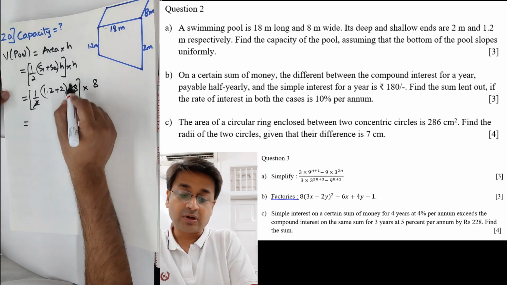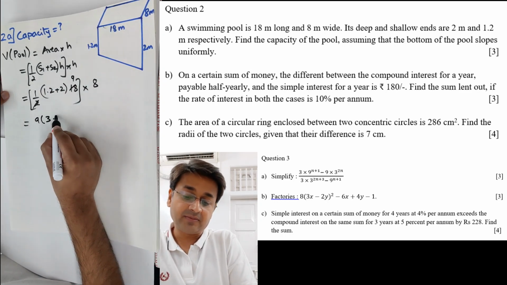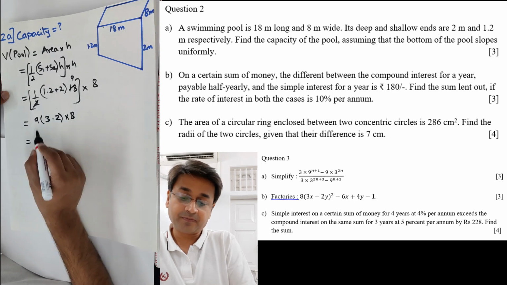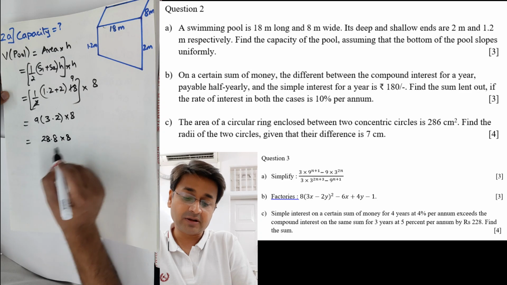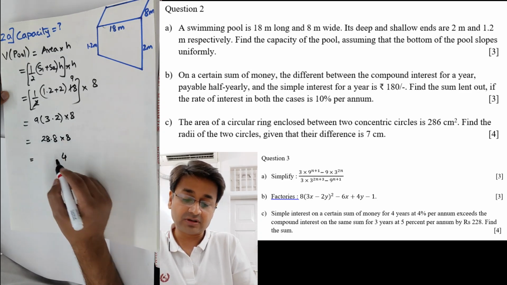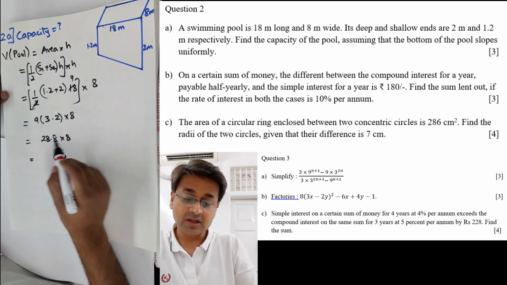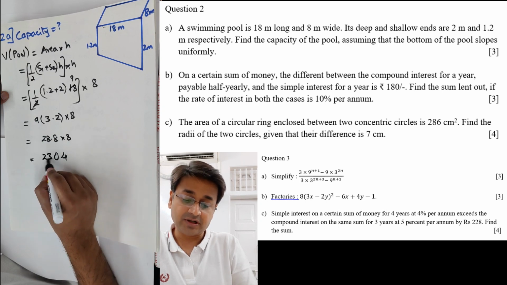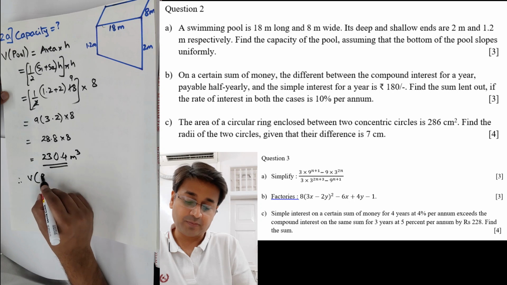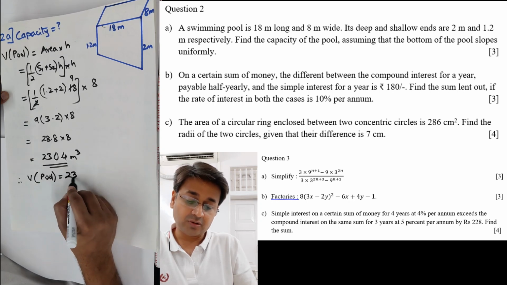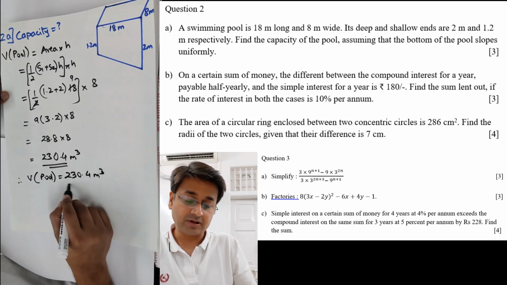So 9 times 3.2 into 8. So 9 twos are 18, 27 and 1, 28.8 into 8. So 8 eights are 64, 64 plus 6, 70, 8 sixteens plus 7, 23, 230.4 meter cube. So you can say therefore volume of the pool is equal to 230.4 meter cube.